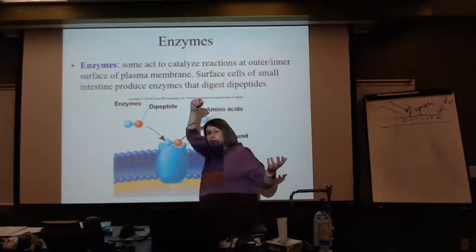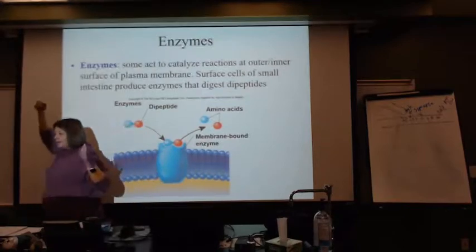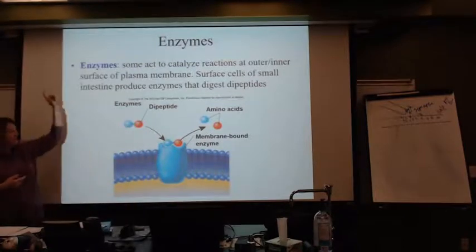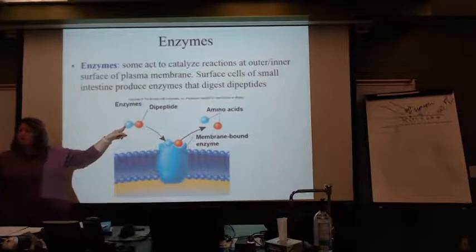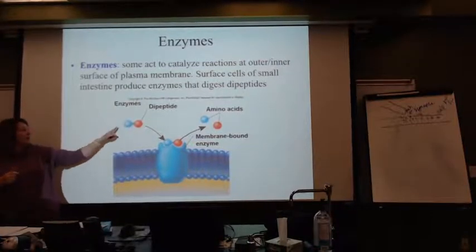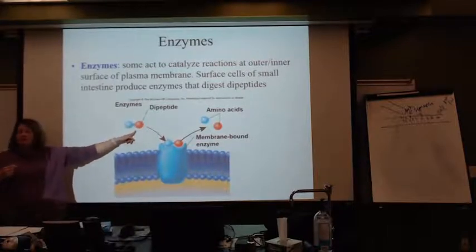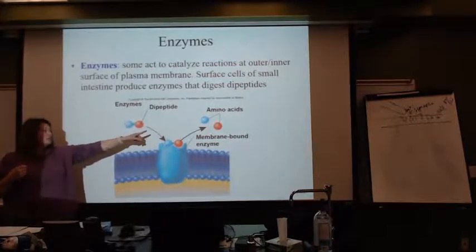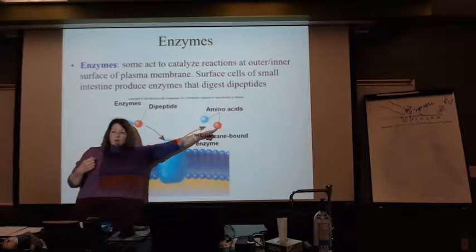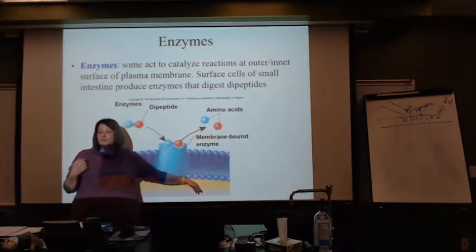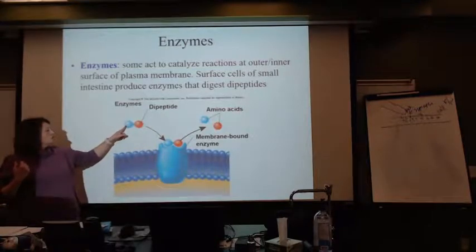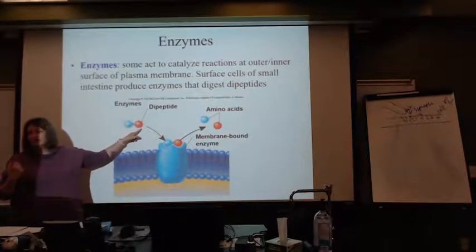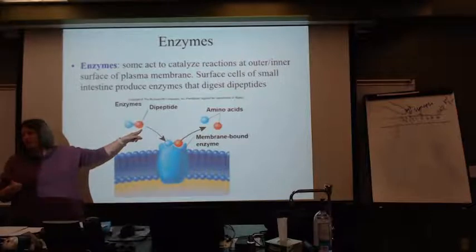So I could have a molecule that is needing to get broken down. It needs the bond to get broken so that these component parts can move into the cell. So they're showing us 2 amino acids connected together.